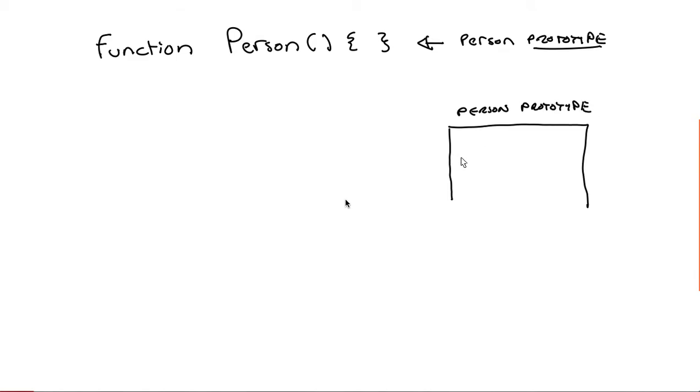And the person prototype doesn't really have anything interesting in it because you haven't added anything interesting to the prototype. So we're going to have basically the following parts. We're going to have a constructor, and that constructor is going to have person as the constructor method.